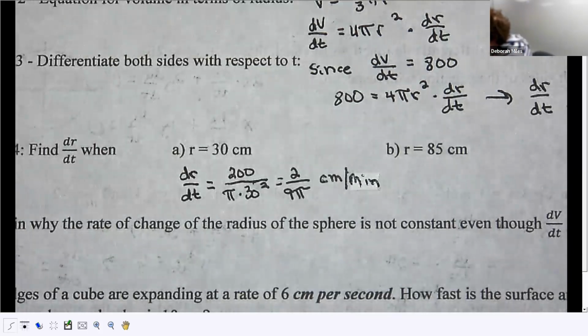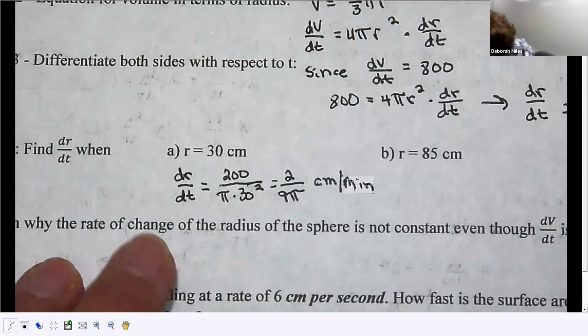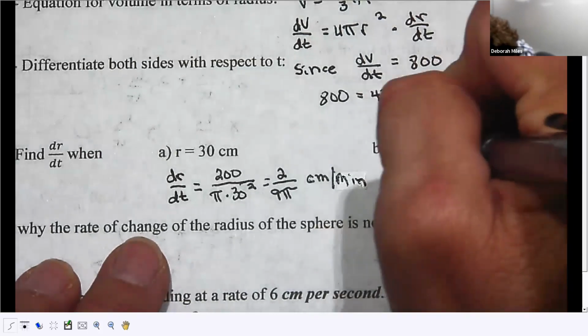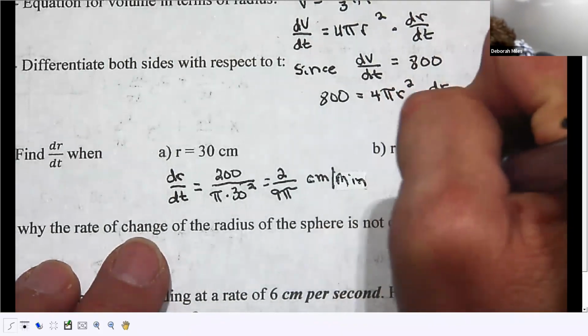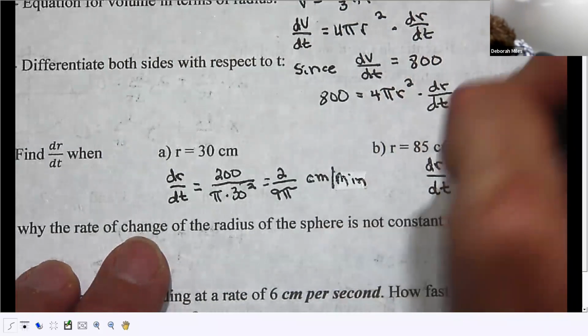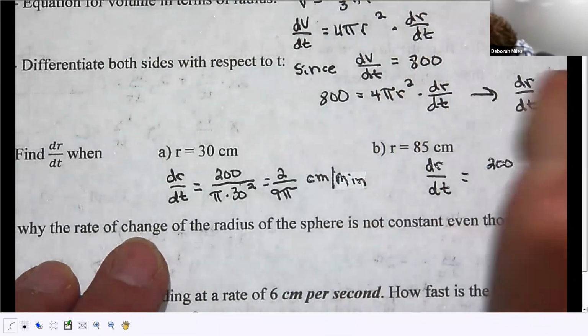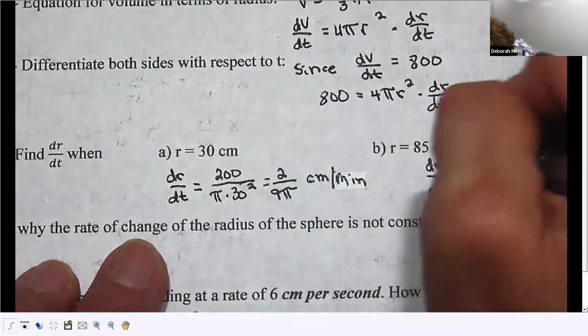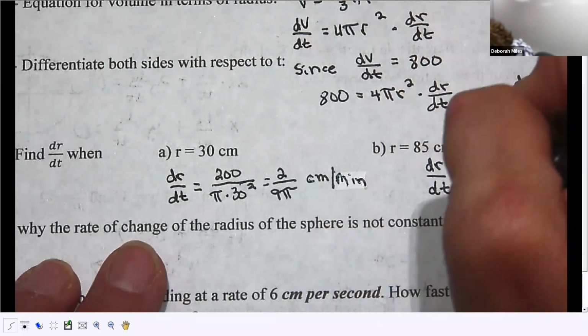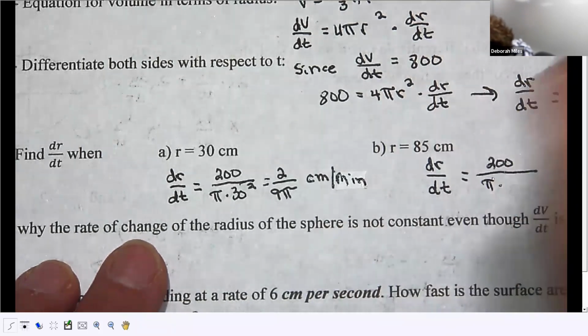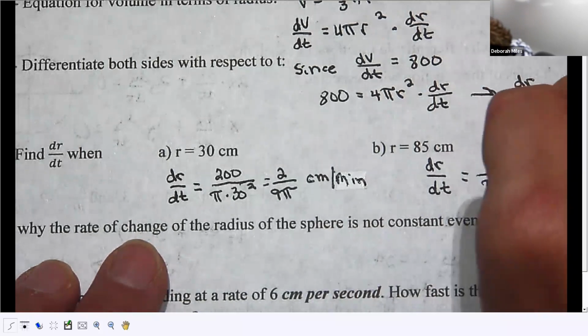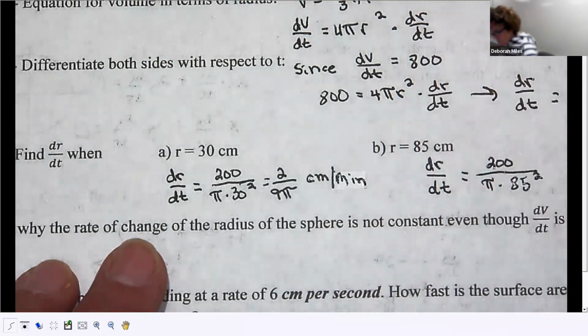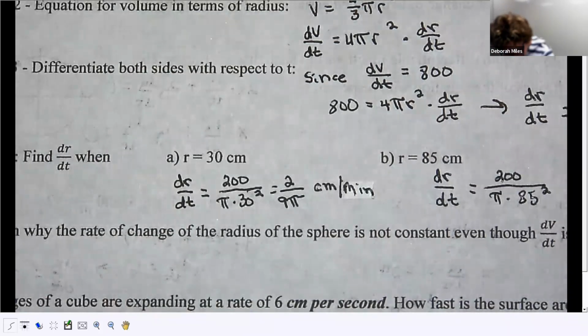All right, what about when R is 85? And the change in radius per second would be 200, not per second, per minute. 200 over pi times 85 squared.